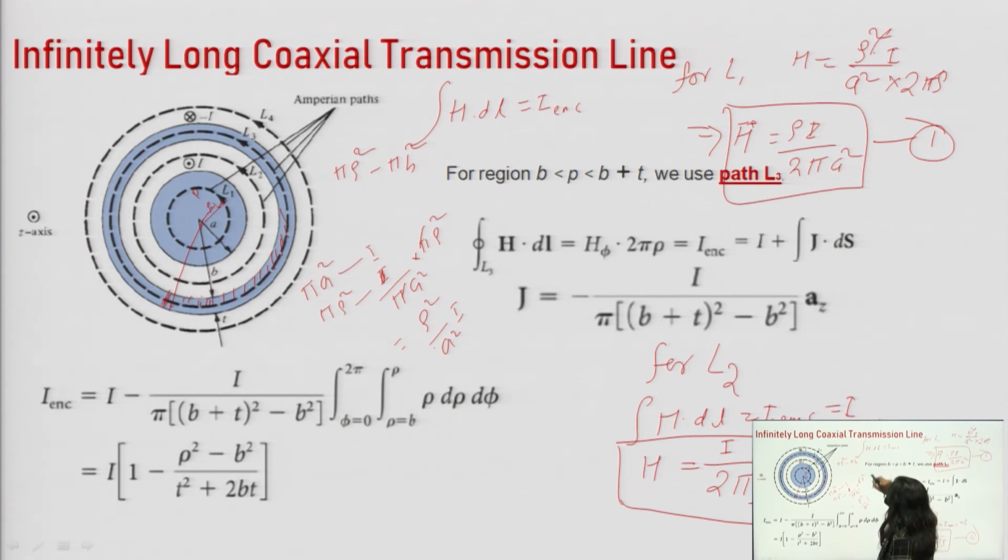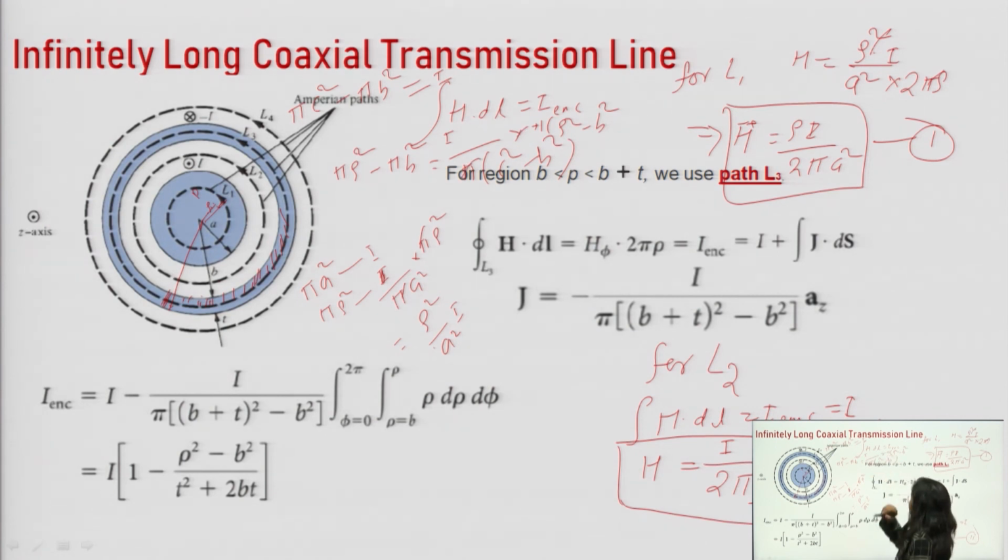So total area pi c square minus pi b square has total current I. So this shaded part will contain I by pi c square minus b square multiplied by pi rho square minus b square.